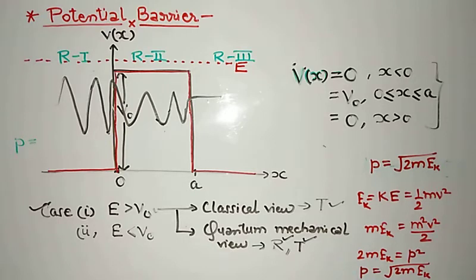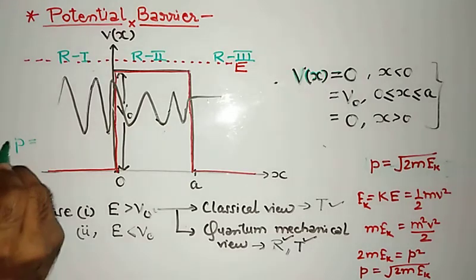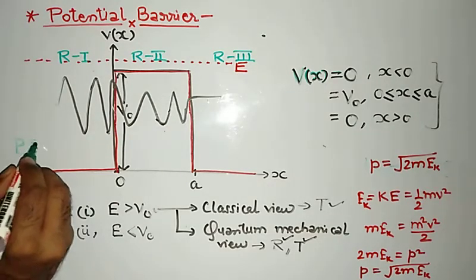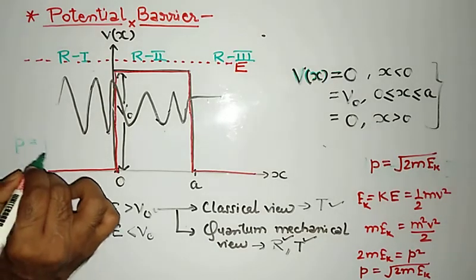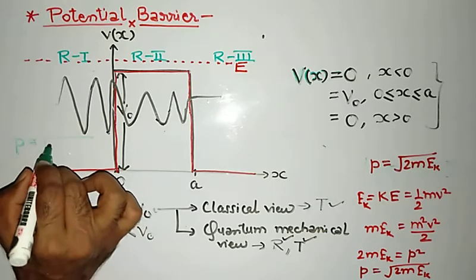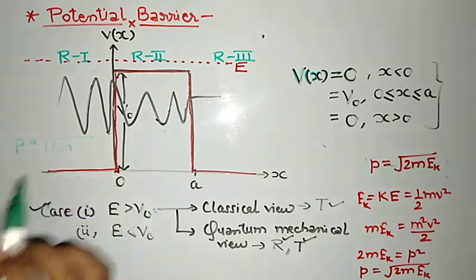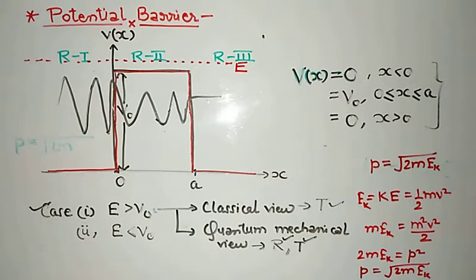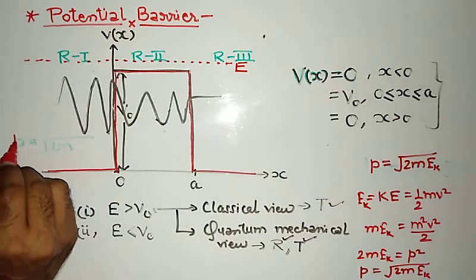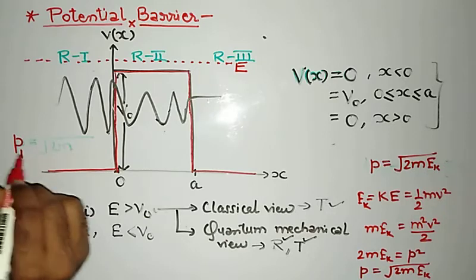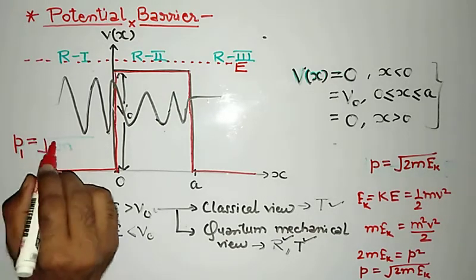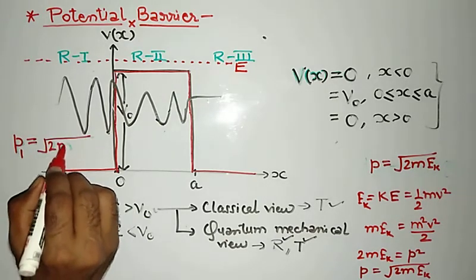Now consider the figure. Momentum in region first can be represented by P1, which will be under root 2m.